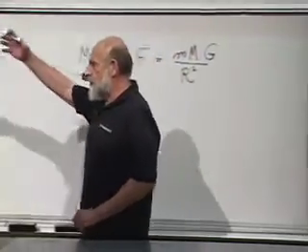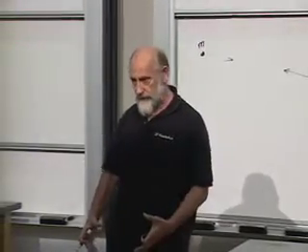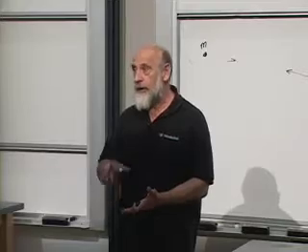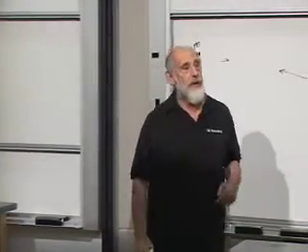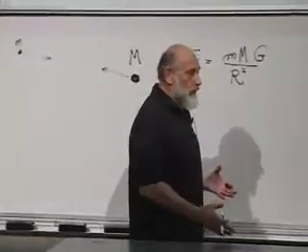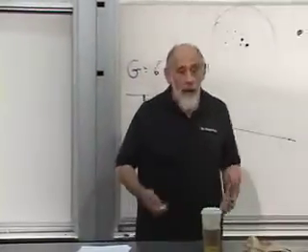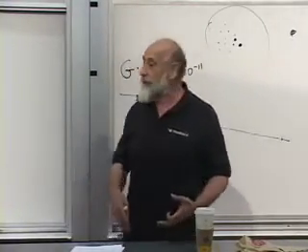If I drop from a certain height, I accelerate down. The Earth hardly accelerates at all, even though the forces are equal. Why is it that the Earth accelerates so little and I accelerate so much?